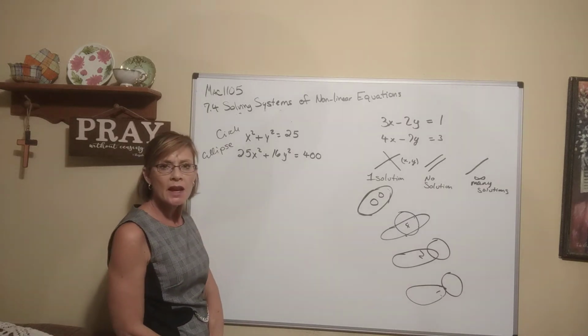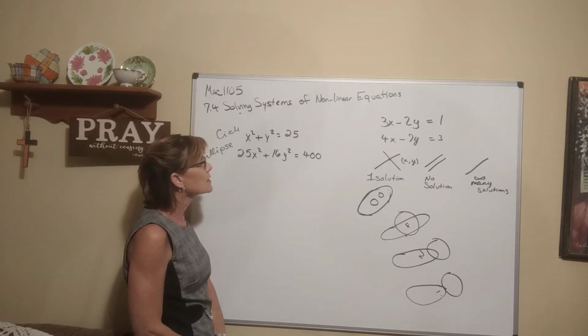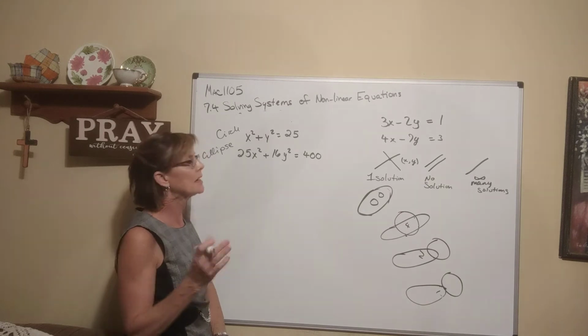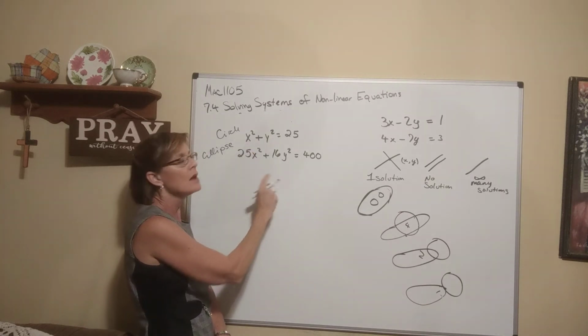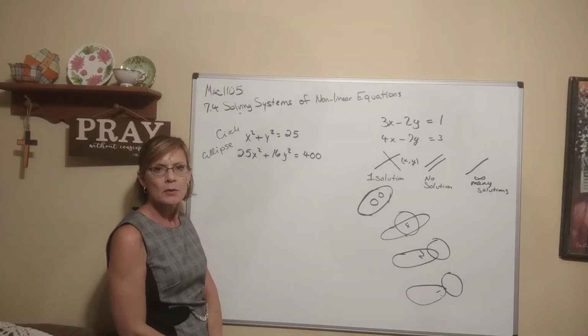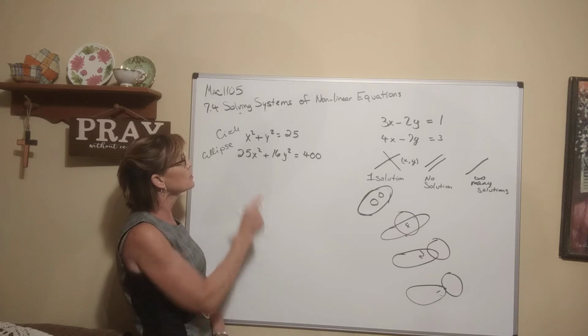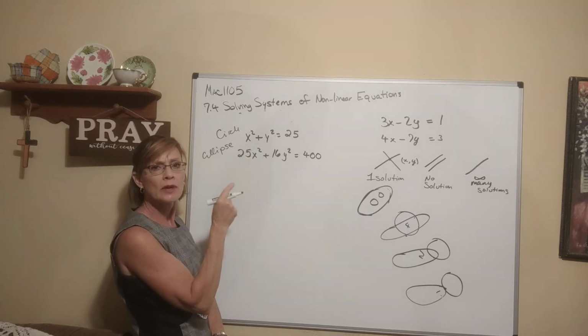This is a system that I would try to solve using system of equations, addition method or elimination method, because like terms, x squared, y squared, y squared. So I'm going to try to eliminate a variable. So I'm going to choose x's to get rid of. And so how I'm going to do that is I'm going to multiply the top equation by negative 25.